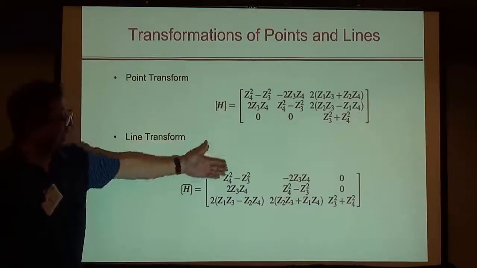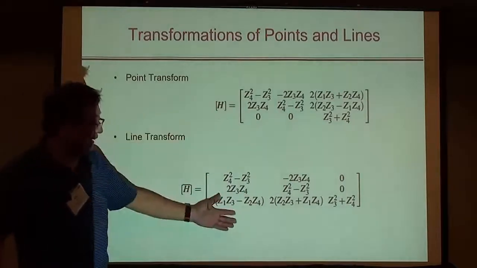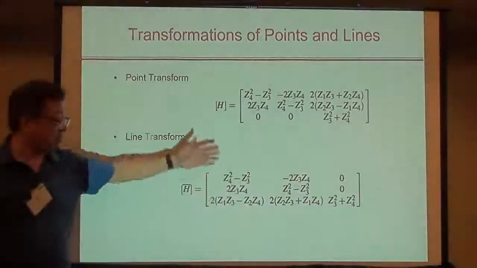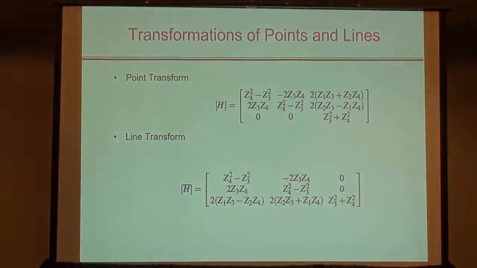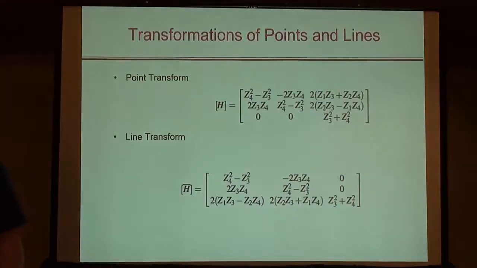You can see that they are almost the same. They are very, very similar. Both are quadratic. That means you can represent point and line transformations in the same way, because points and lines are basic geometric elements in the plane. Right, movement of a point and movement of a line.